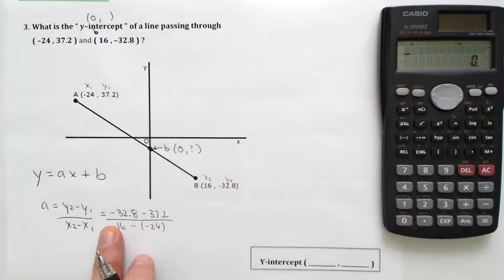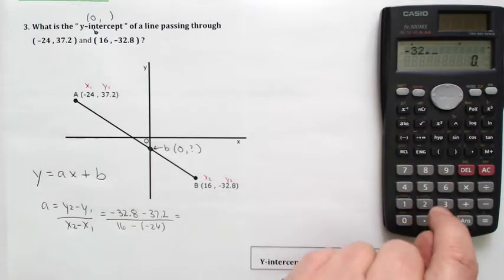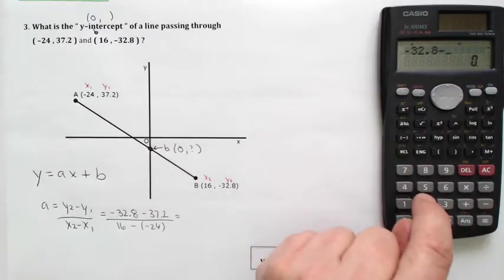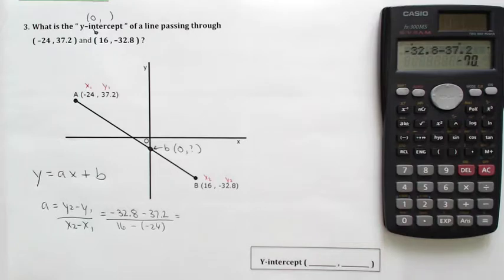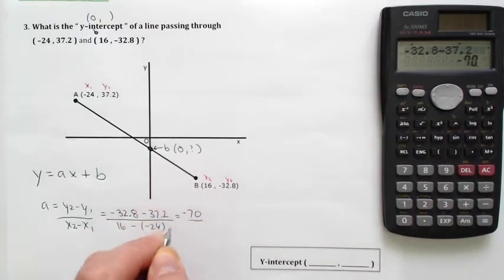So just when we're plugging that into the calculator, be cautious. So negative 32.8, we'll do that one first. Negative 32.8, and then from that I'm going to subtract 37.2, leaving me with negative 70 for the top part of that fraction. And then that's going to be over 16 minus negative 24.